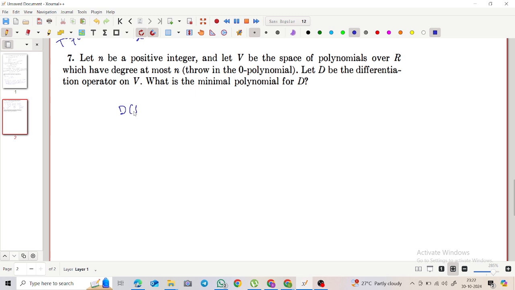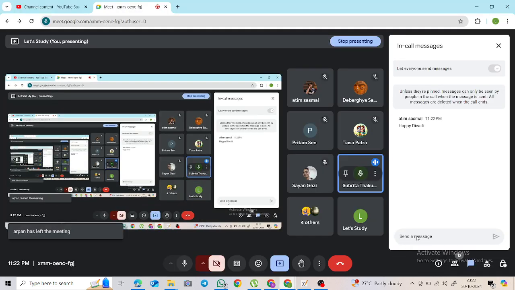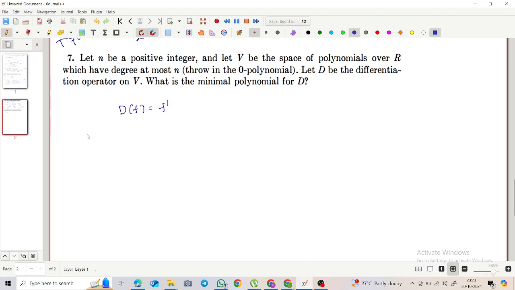So D of f, the matrix can be written, sorry, the matrix of the transformation, we will do that. So first pick up a basis of this V. This is 1, x up to x to the power n, right?